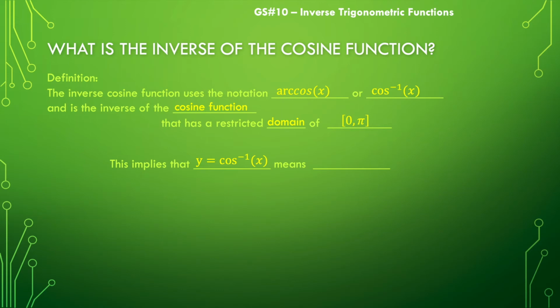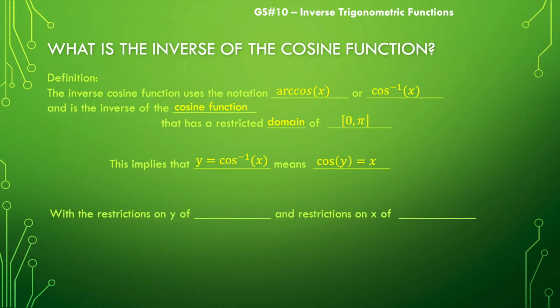It means the same thing as x is equal to the cosine of y for that restricted domain, which also restricts your range, right? Because the restrictions of our y value on the cosine inverse are the same as the restrictions on the domain of our cosine function from 0 to pi.